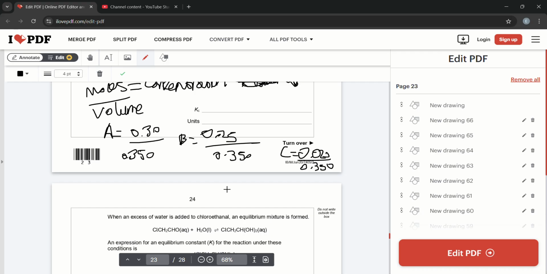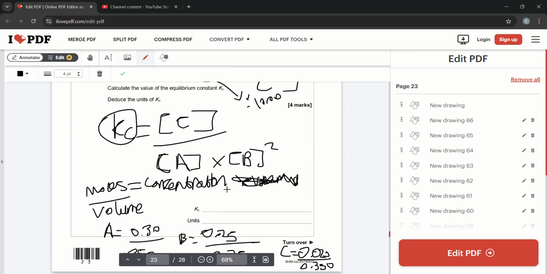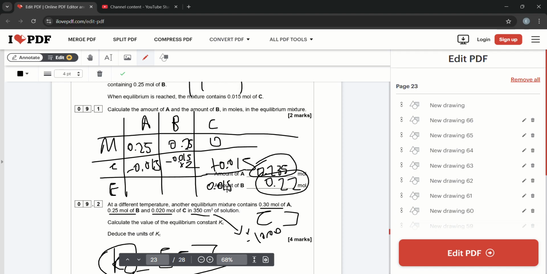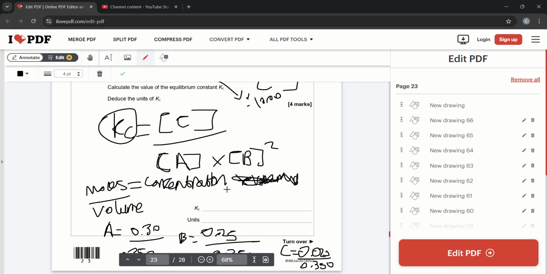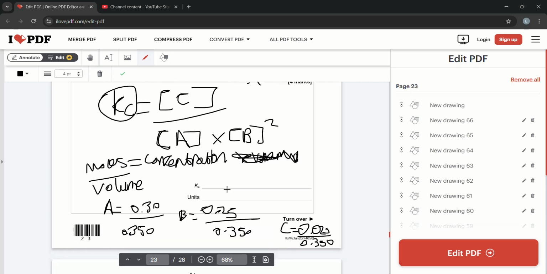So now we've got this. Let's put it in the calculator. Or actually, we can just substitute that in now, because these are the concentrations.